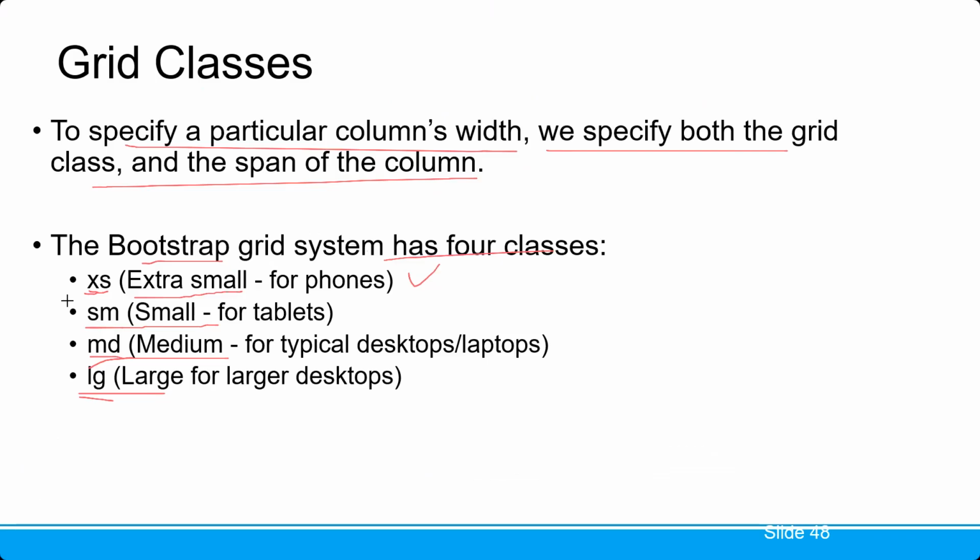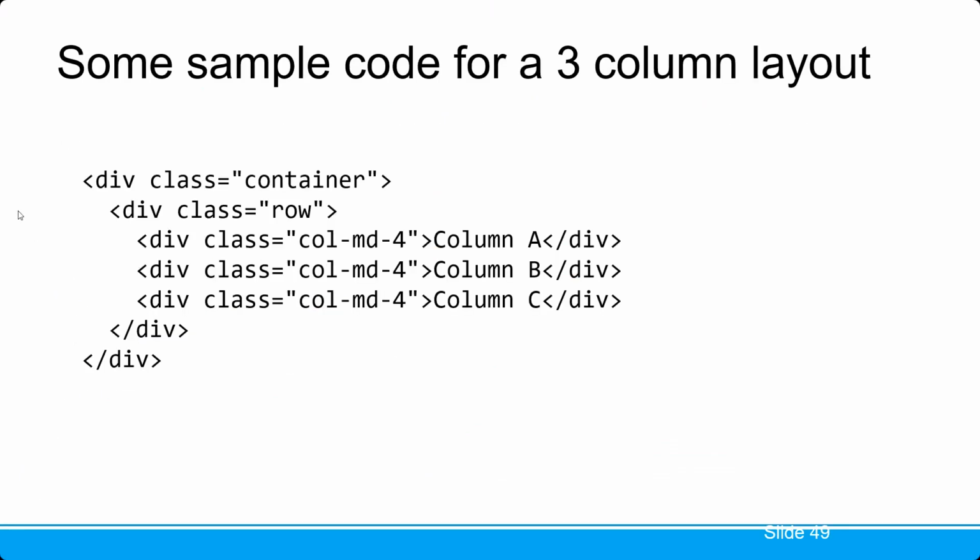So XS means something for phones, SM something for tablets, MD something for desktop or laptops, LG this is for larger desktop. Then you can see like this one. If you specify MD like this one, it is medium. If you specify LG, it is large. If you have XS, then it is extra small, and etc.